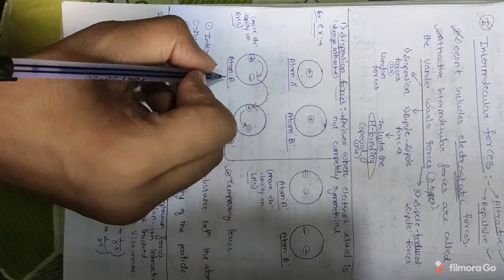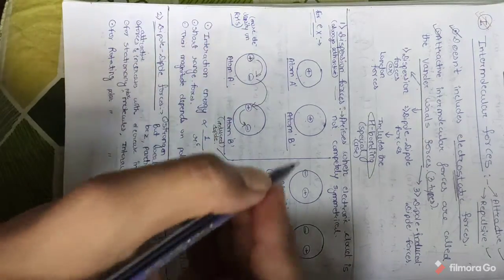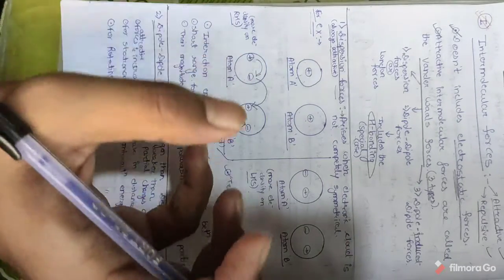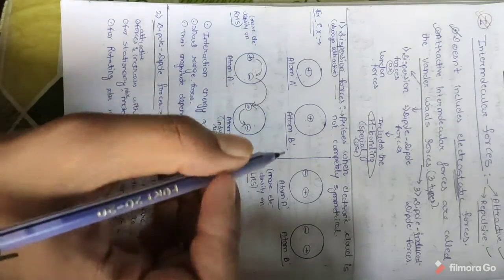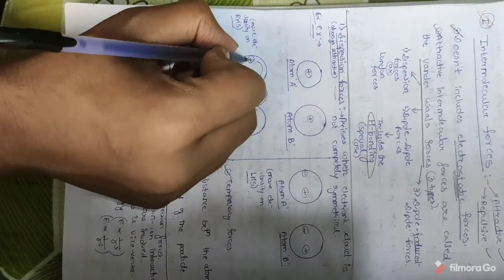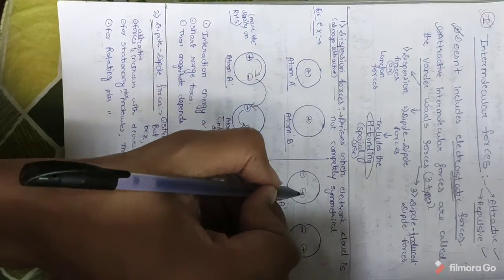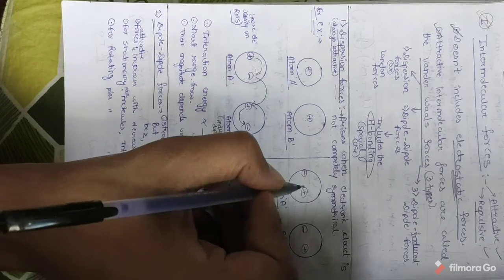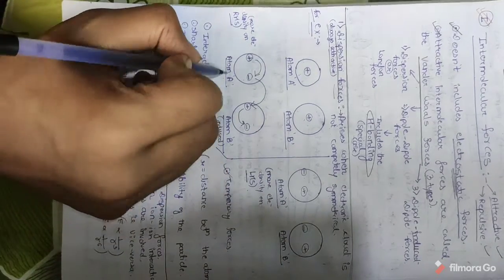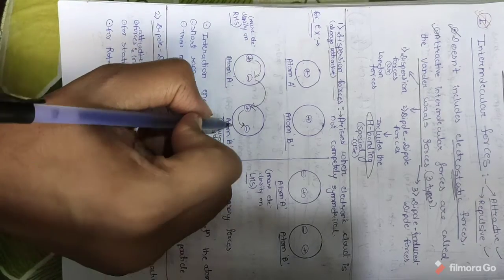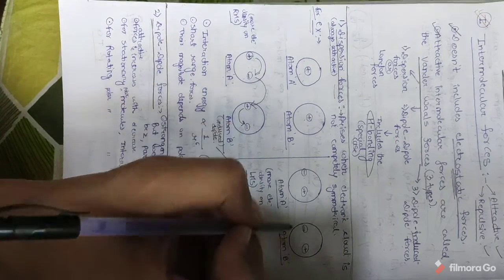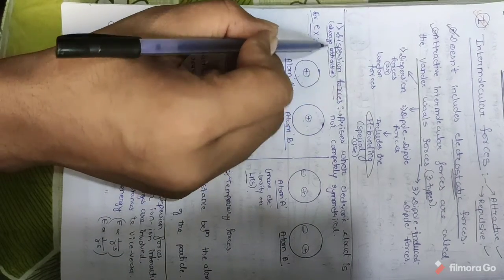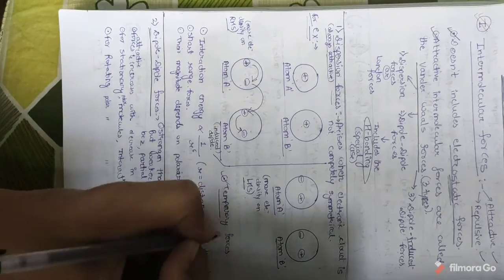Next, these charges will interact with each other and change position, like more density is now on the left hand side, you can see. This goes to that side and this goes to this side. Why? Because there are so many atoms continuously changing their positions. So firstly atom A is inducing a dipole in atom B, and now atom B is also inducing a dipole in atom A.